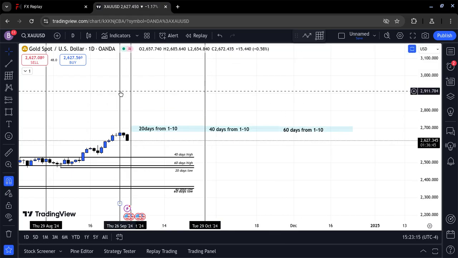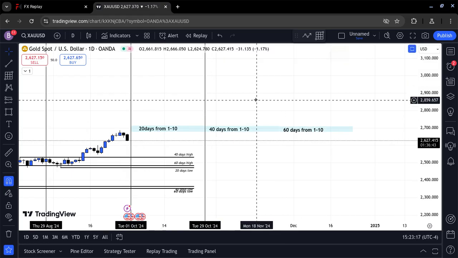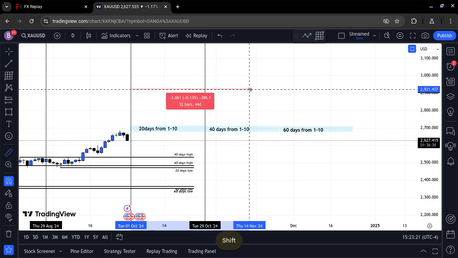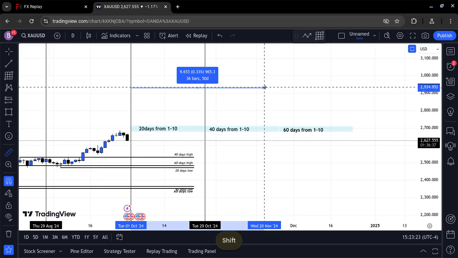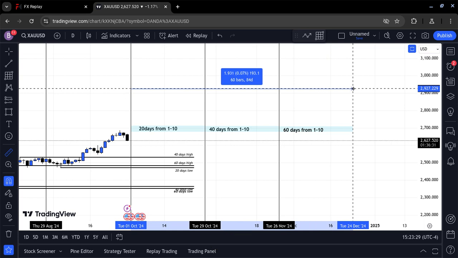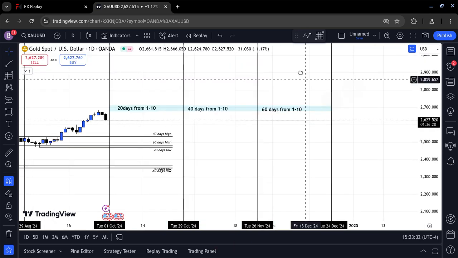Let me delete this one. So from 1st of October, if you see 20 days, 40 days right there, and these are the 60 days from the 1st of October.